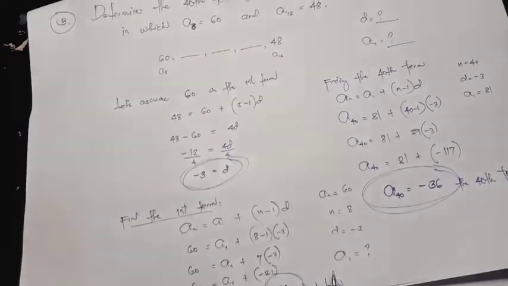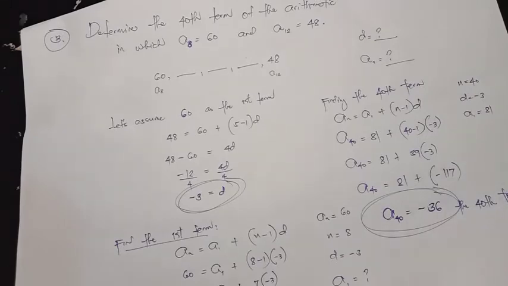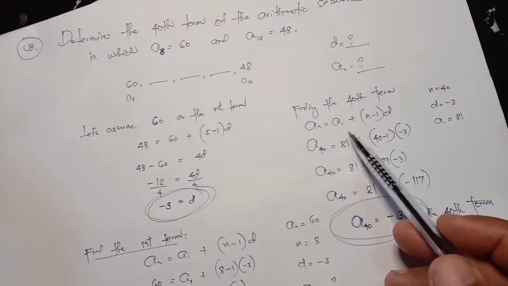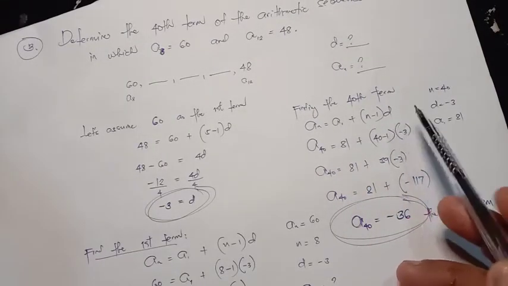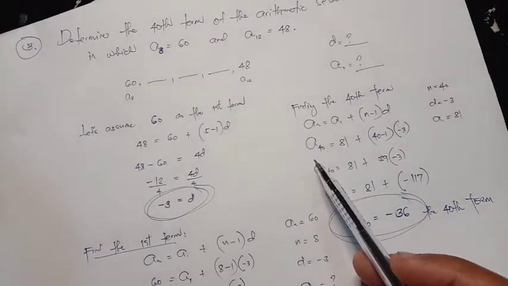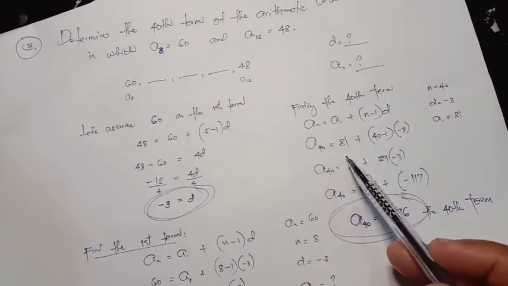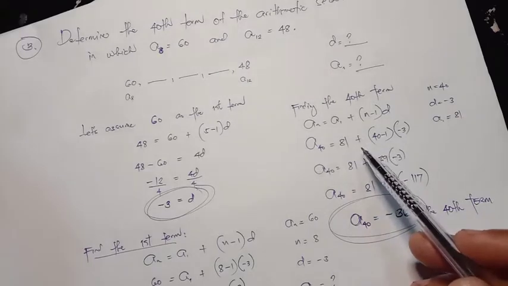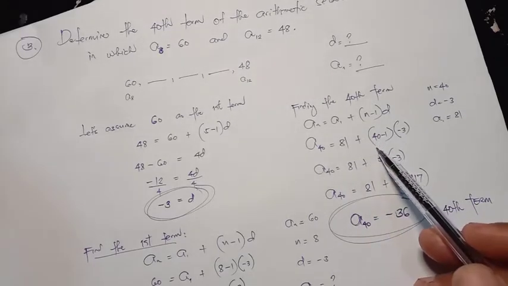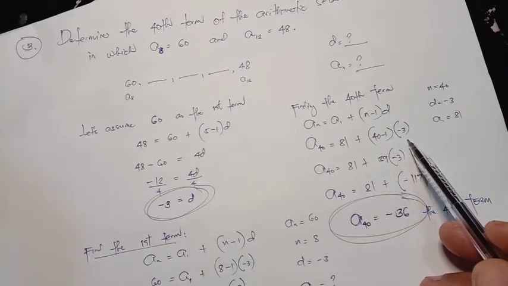Then, para makuha na natin, again, a sub n equals a sub 1 plus n minus 1 times d. So, the 40th term is equals to the first term, which is 81, plus 40 minus 1 times the common difference.